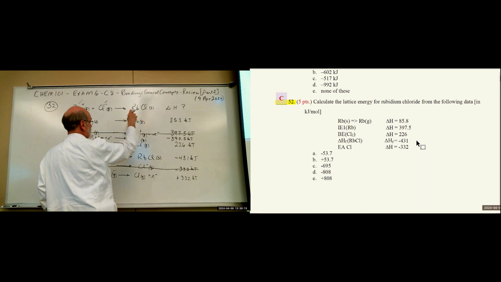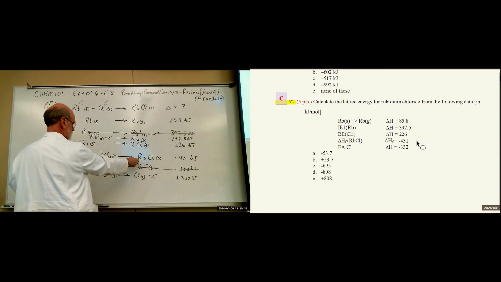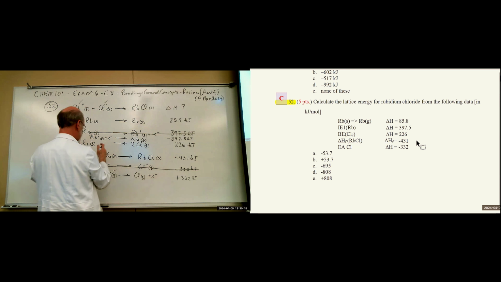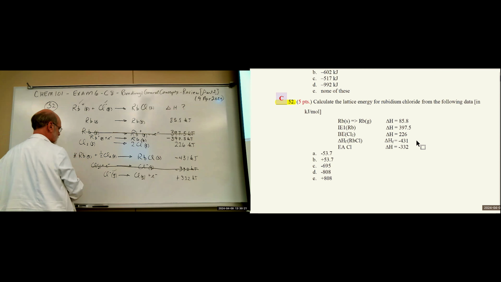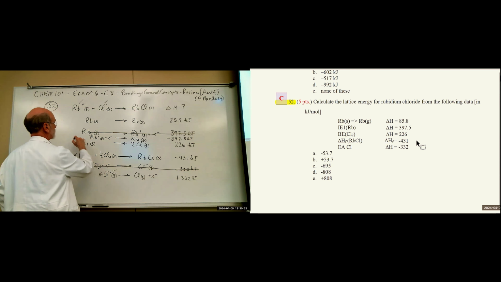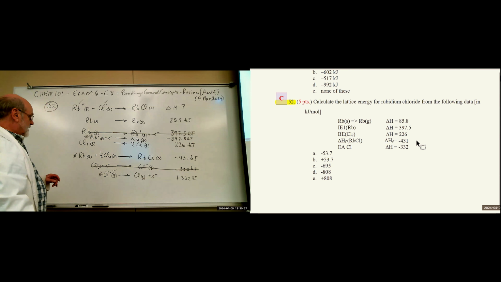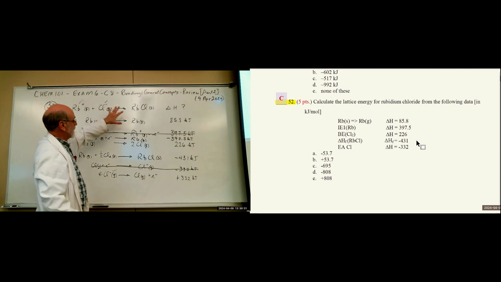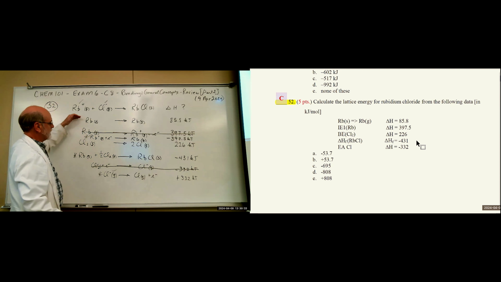Now, rubidium chloride solid, where is it? Right here. That's one of those, one of those. That one's good the way it is. Right, so we use this one, we use this one, and we use this one. Okay, so these three give us everything we've got up here.